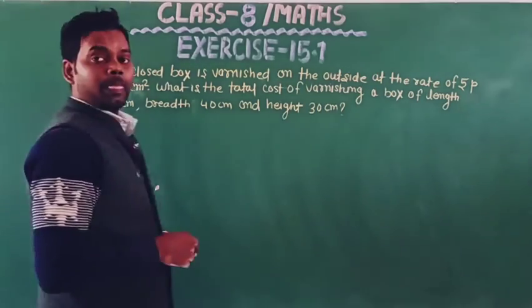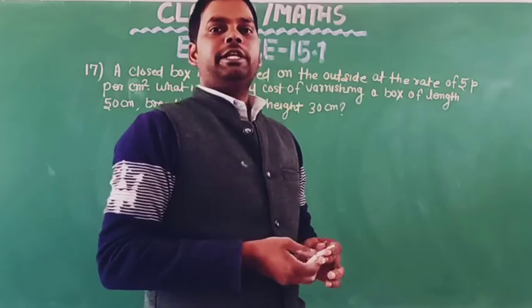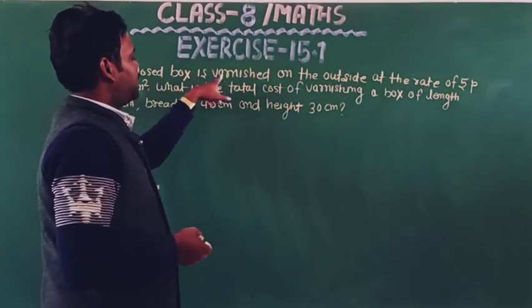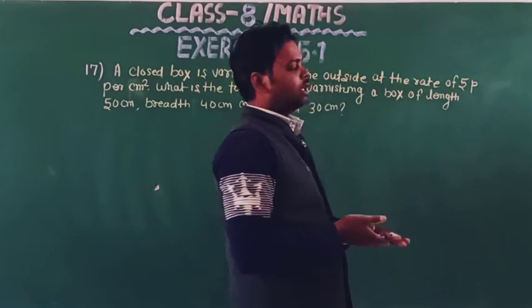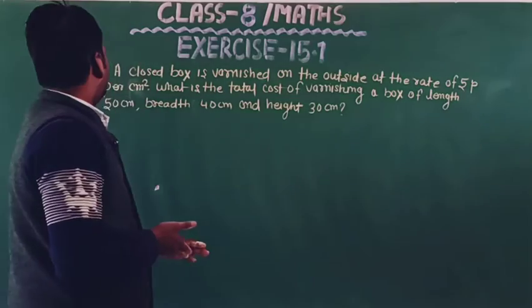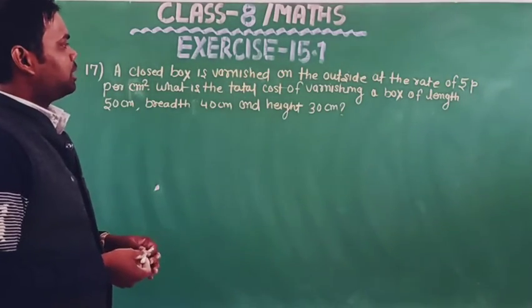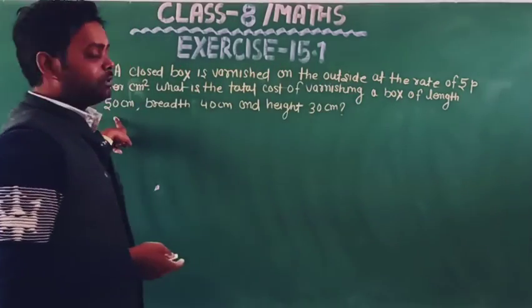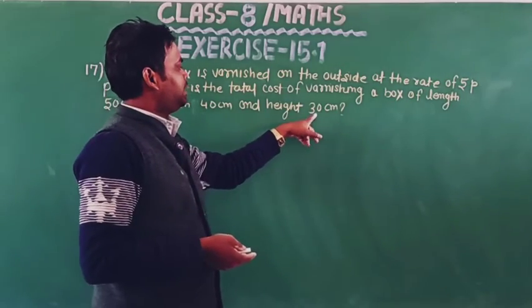Now move to question number 17. In this question it has been said that a closed box is varnished on the outside at the rate of 5 paisa per cm². What is the total cost of varnishing of a box of length 50 cm, breadth 40 cm, and height 30 cm?